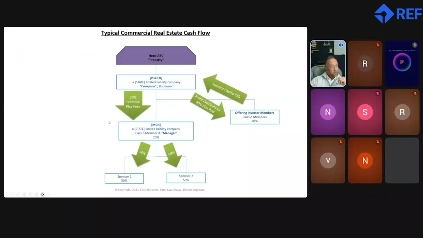And the way that cash flow works in a typical real estate syndication, your promote, basically your profits interest, and any management fees go down to that management LLC and then flow through to whoever the GPs are on the deal. And then the investors get whatever the distribution waterfall is, whether there's a preferred return, an 80-20 split, whatever it is, based on the terms of what they were offered.